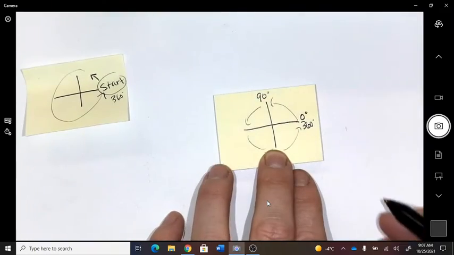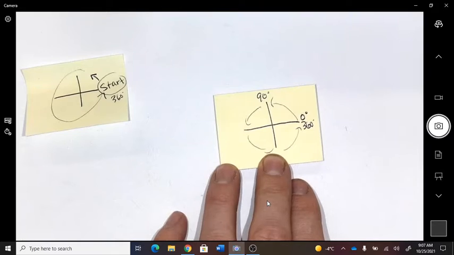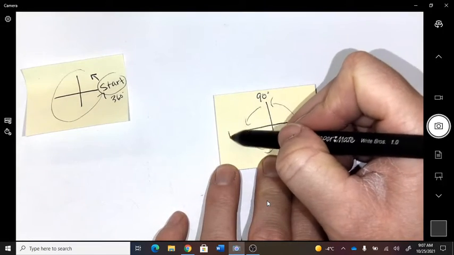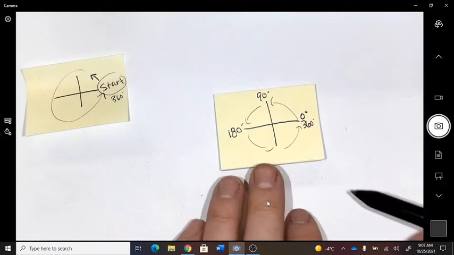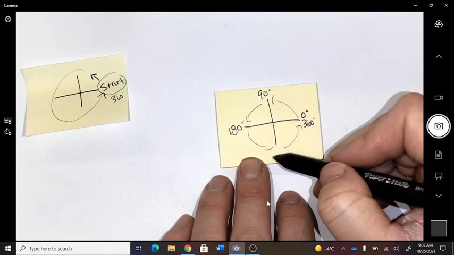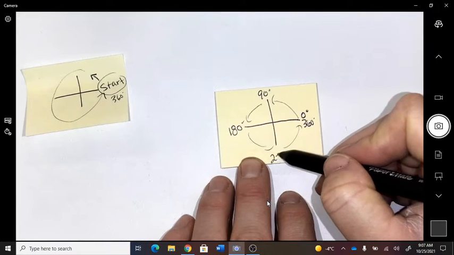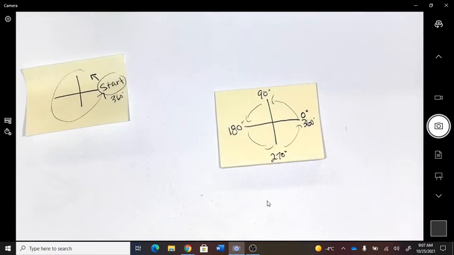And then across at the side, the left is what? 180. What would the bottom be? 270, and then 360.